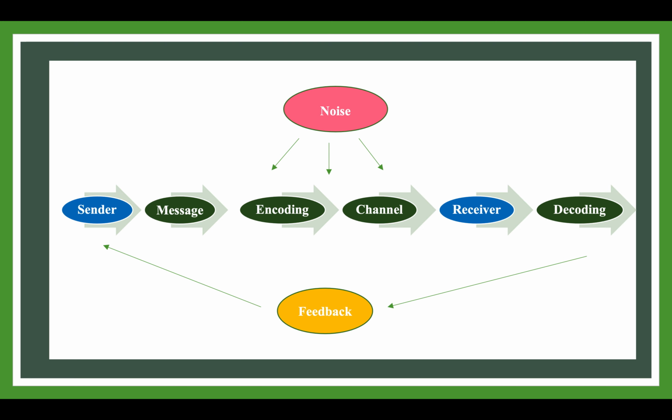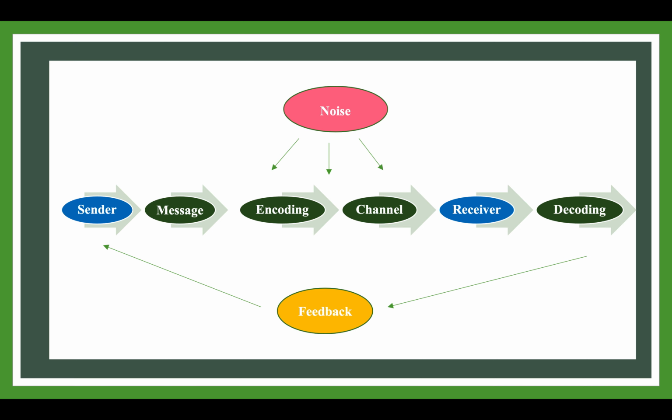So what is sender doing? Sender is encoding a message and is sending a message through a channel. And this message is received by the receiver through this channel. When the receiver receives a message, he would decode the message and he would send a feedback to the sender, and the sender would receive the feedback.